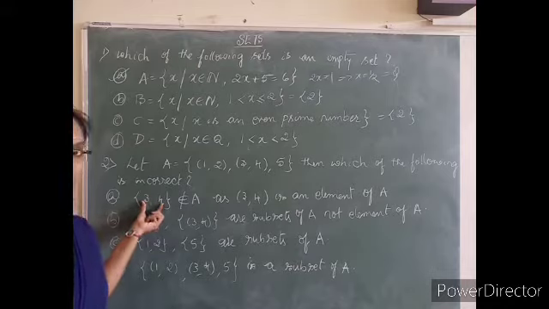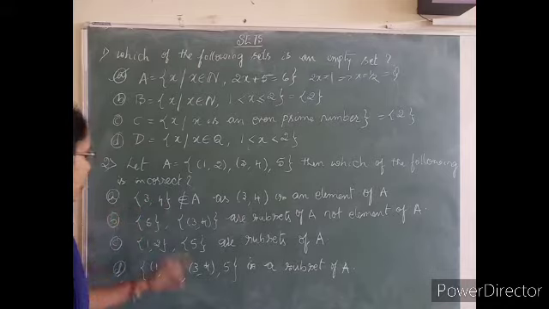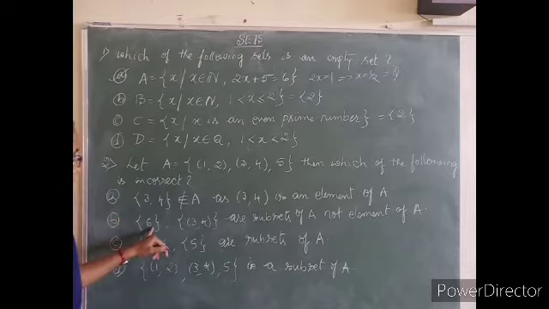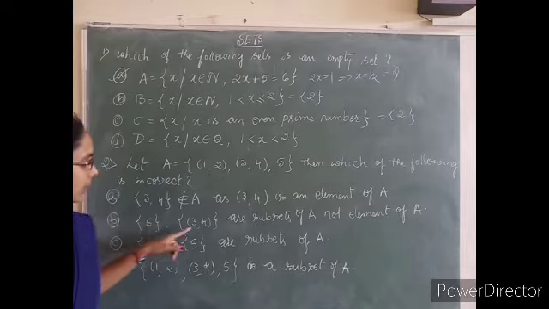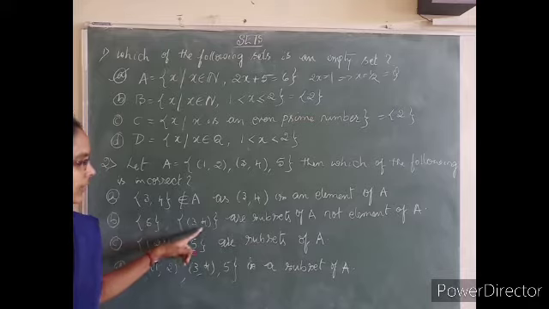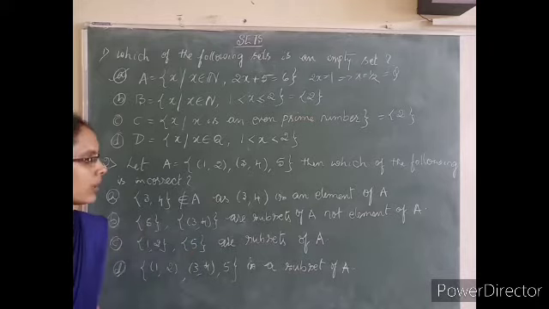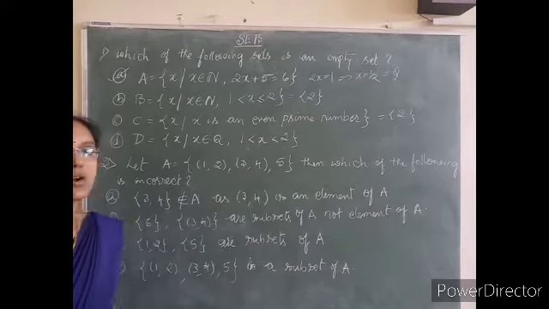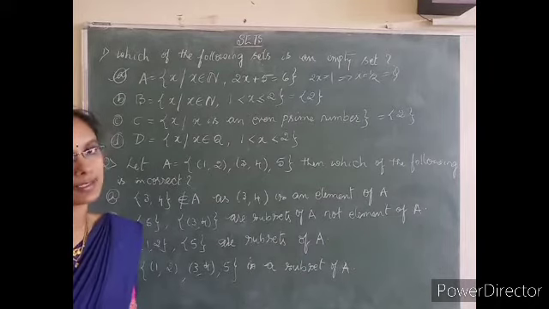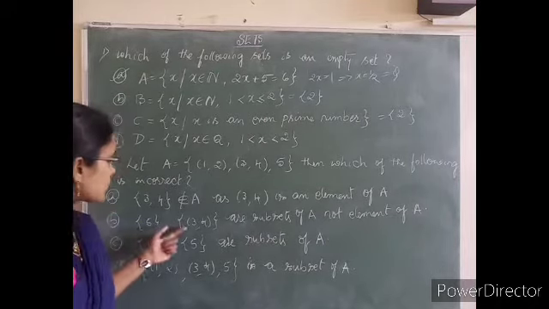We cannot represent it like this. Second option B: the set containing the element 5 and the set containing the element ordered pair (3, 4) are subsets of A, not elements of A. Yes, that's true.